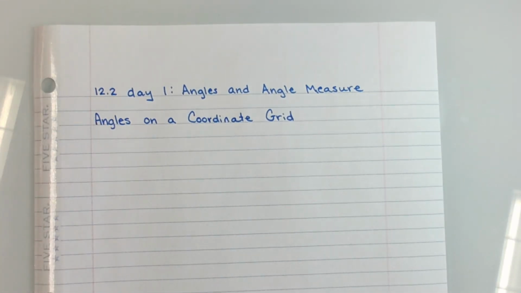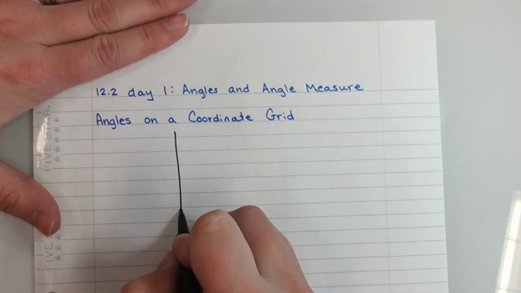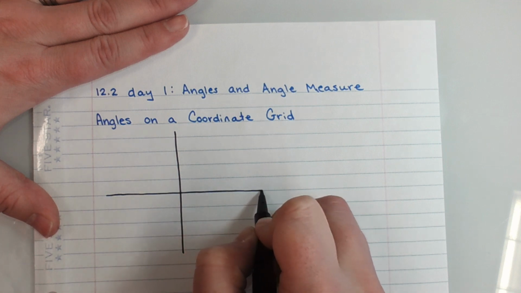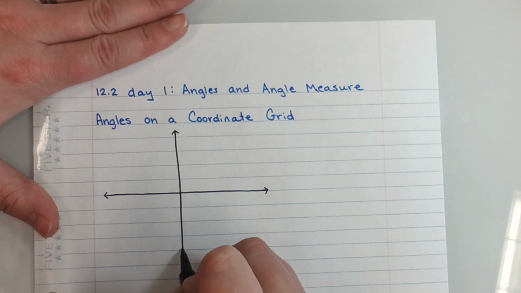Now, angles in their most basic format are generally sitting on top of a coordinate grid. Especially if we want them designed to be in what's known as standard position. So let's say I have an XY axis.